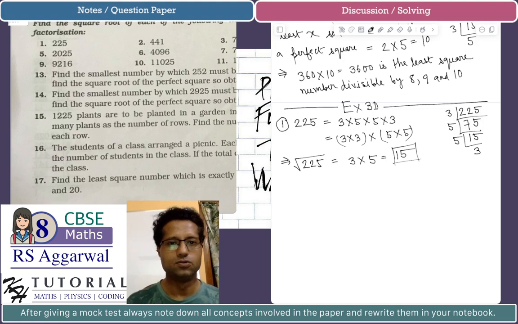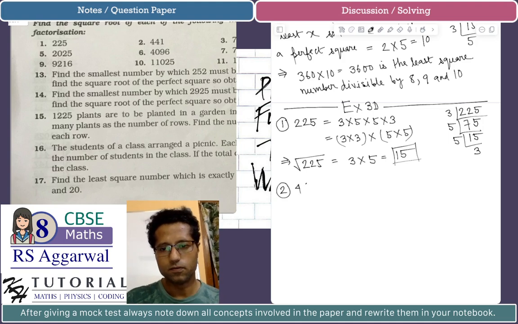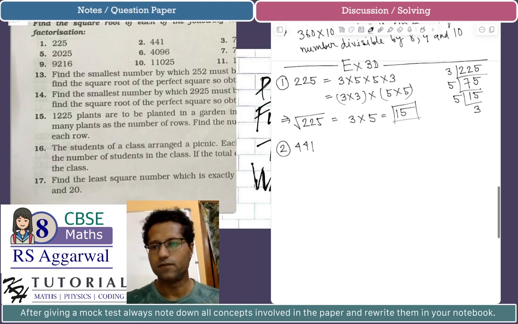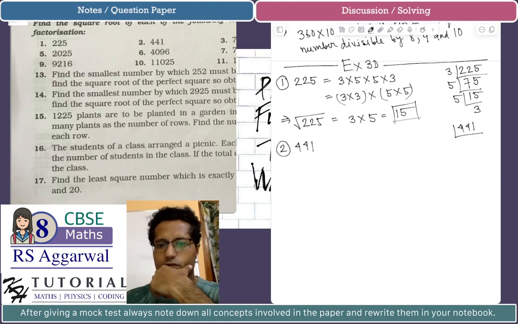Okay, let's do 2. 441. So let's find the prime factorization of 441. Now, what is the divisor of 441? 3. Yes, it divides by 3. 147.